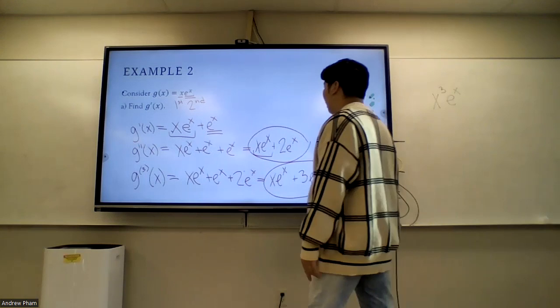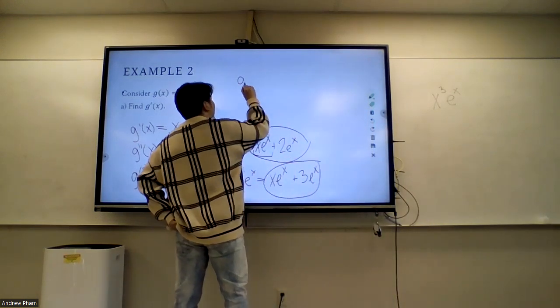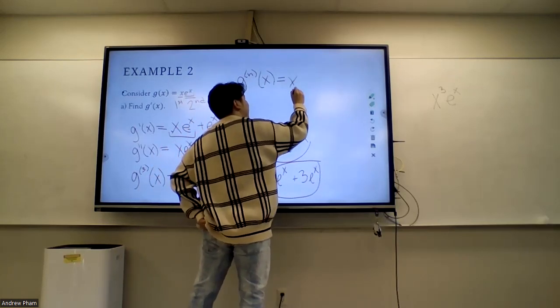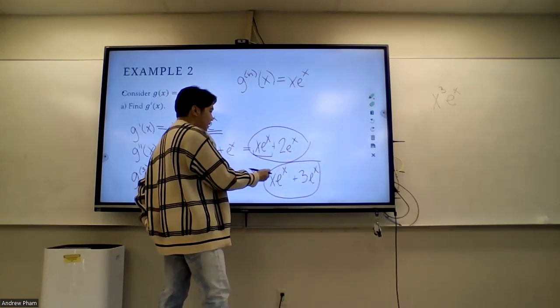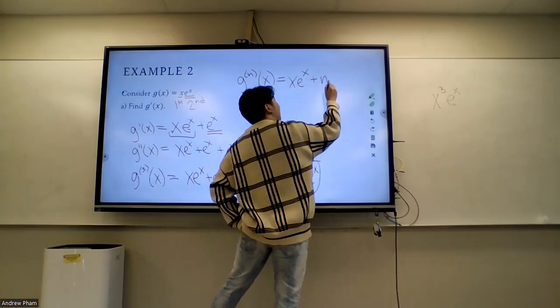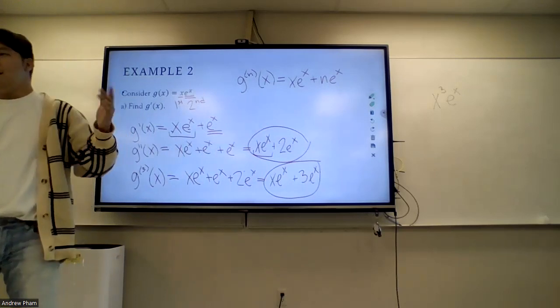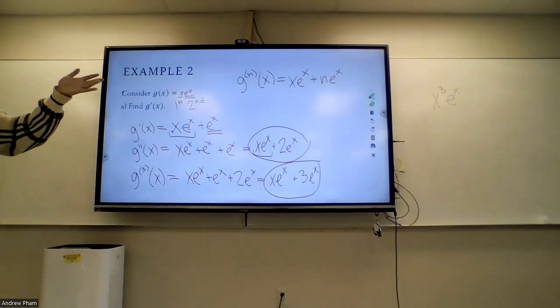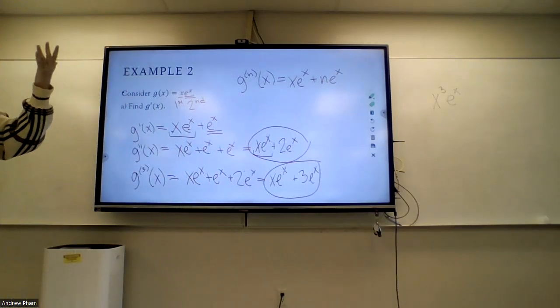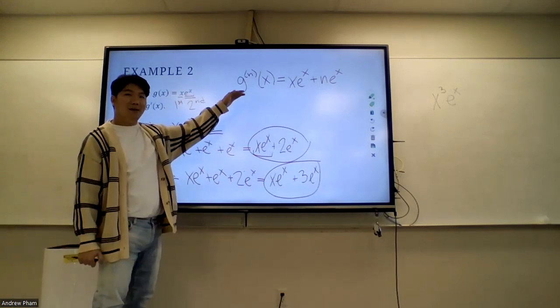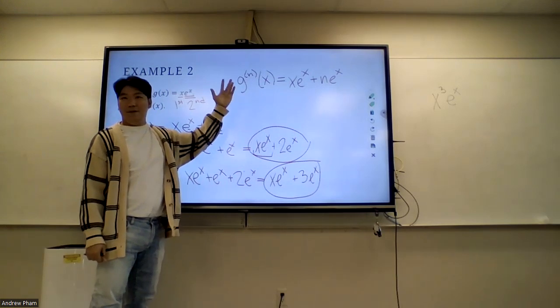So if I were to generalize this, I can say the nth derivative, based on what y'all told me, is x e to the x plus n e to the x. If I went to the fifth derivative, it would be 5 e to the x. If I went to the 20th derivative, you'd get 20 e to the x down there. So this was actually going to be part B, getting an expression for the nth derivative.